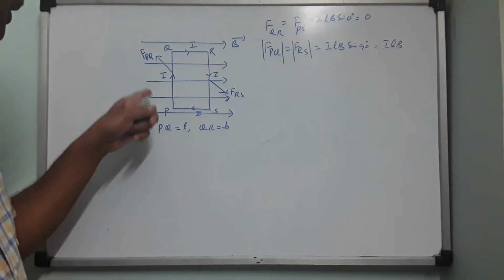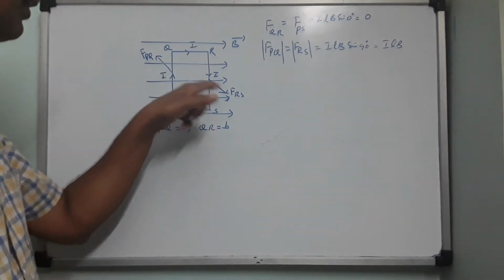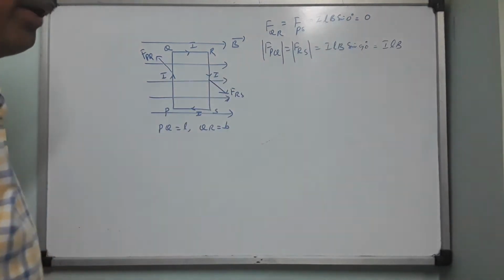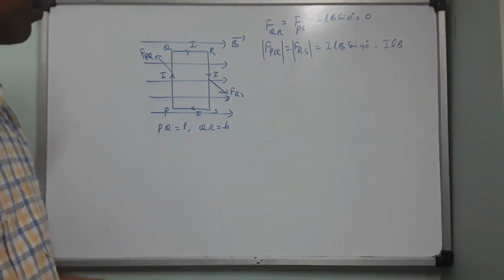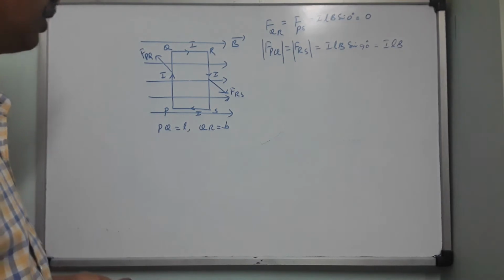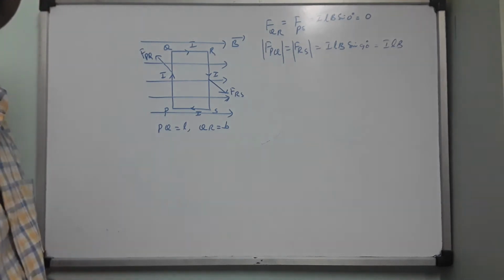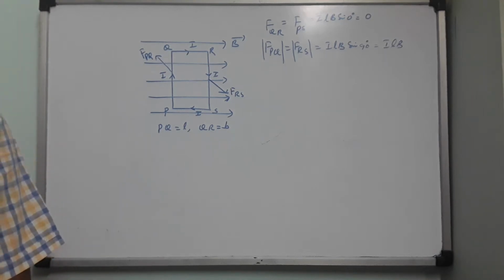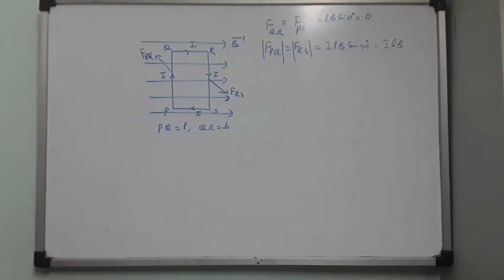This current makes an angle of 90 degrees with the field, and this current makes an angle of 270 degrees with the field. So sine 90 is 1, sine 270 is minus 1, but we are speaking about magnitudes. So both the forces on this are what? Equal. Right.